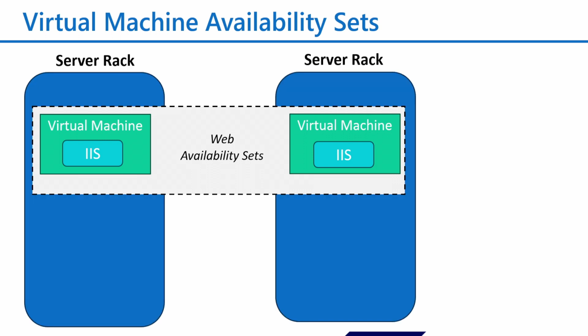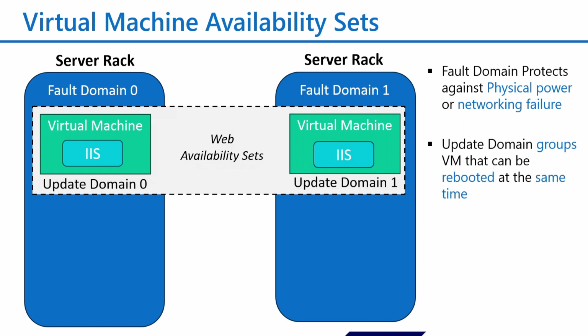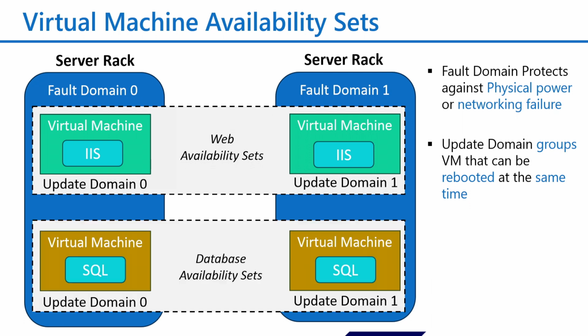This way, each virtual machine will be deployed into its own server rack, which is the fault domain, which has different power and networking resources. In the same way, we will have a different update domain for each virtual machine, which will prevent virtual machines from being rebooted simultaneously.